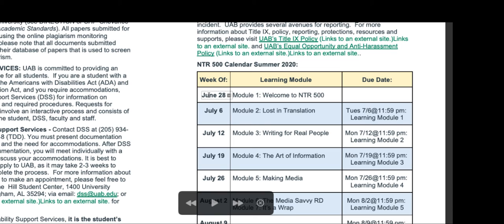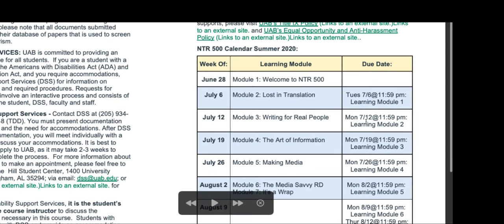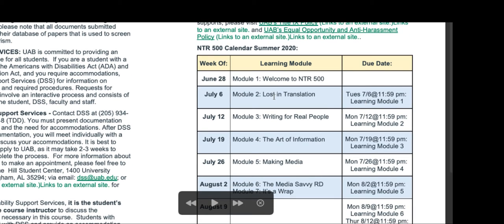The week starts on a Monday for us, and it shows you what module you should be working on, and your due date is over here. Everything in that learning module is due on that particular day. This shows you the topic in the module. Now, this first module, Lost in Translation, is one of your most important modules, because it's about interpreting nutrition research correctly.